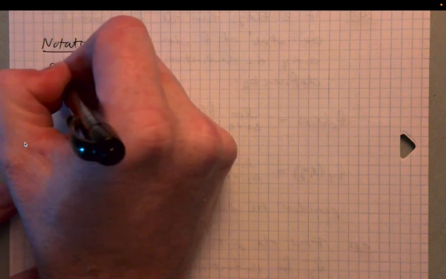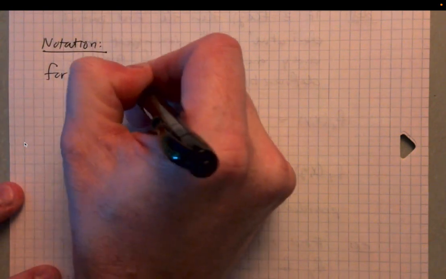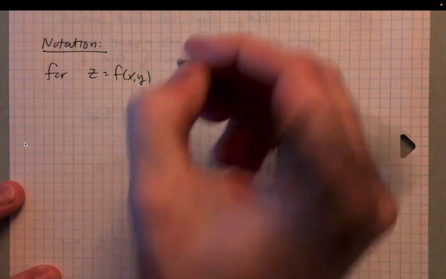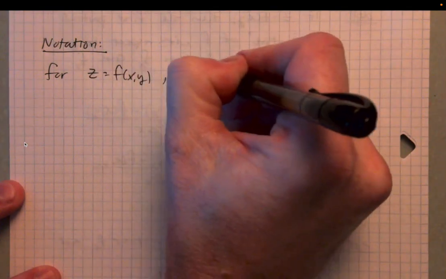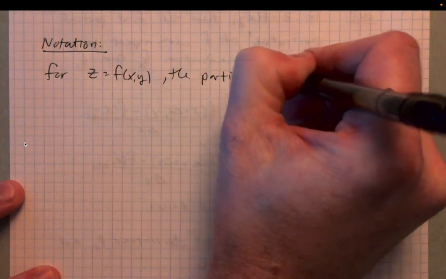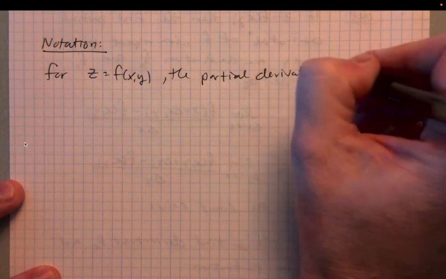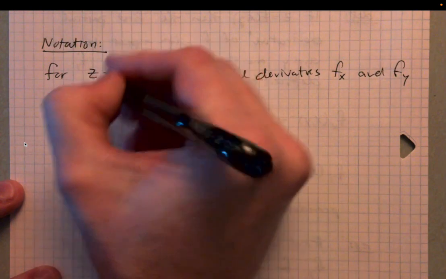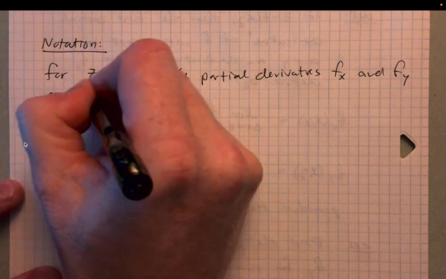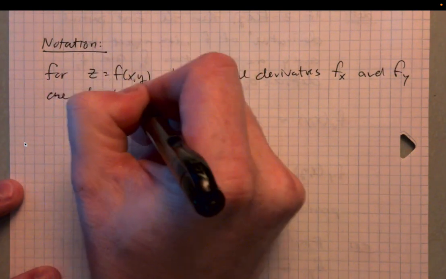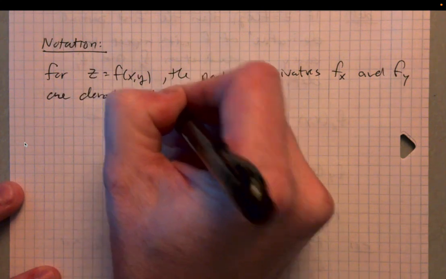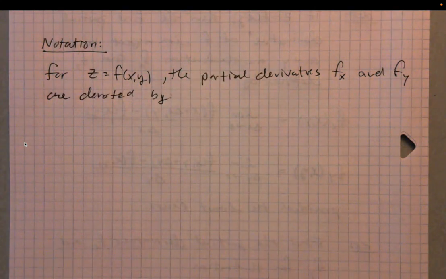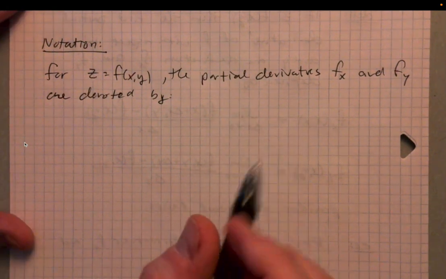So for z equals f of x, y, the partial derivatives f sub x and f sub y are denoted by, now there's lots of different ways to denote these things. Here's some of the more common ones.